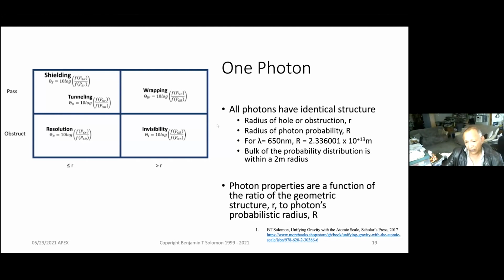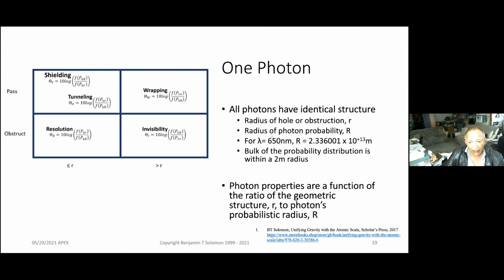The radius of the photon itself for 650 nanometers is about 10 billion kilometers long. So that's huge, but the bulk of it doesn't have a significant probability distribution to affect things, which is unlike quantum theory, which basically says that probabilities go to infinity. No, they don't.